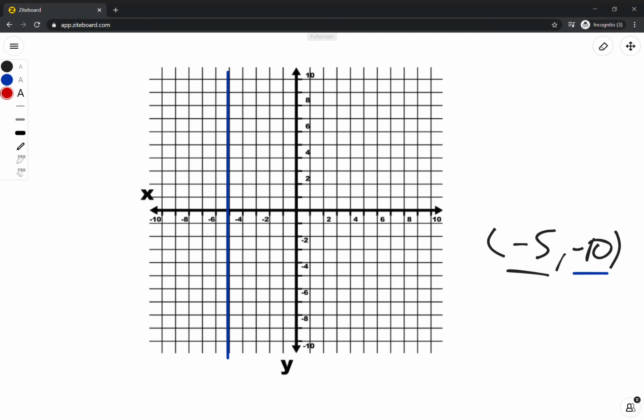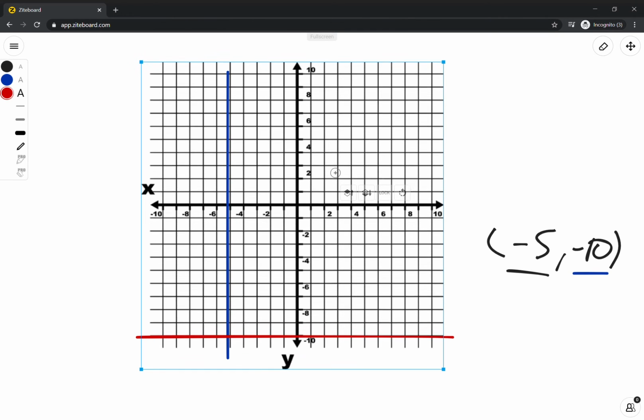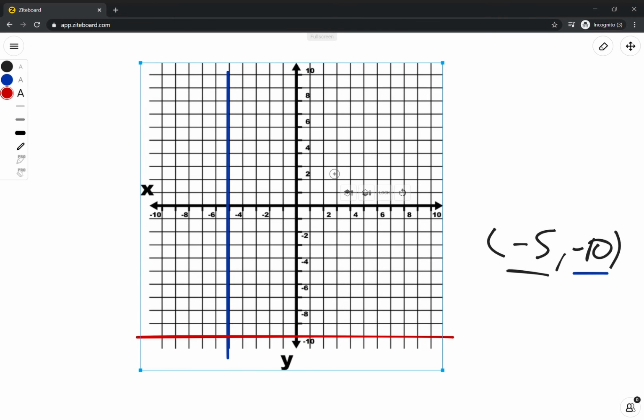So using red, I'm going to show where this is. Okay, that was off, but we can do the little trick I did in the first example. Great. So once again, where the two lines meet, or the intersection, is where the point (-5, -10) is.